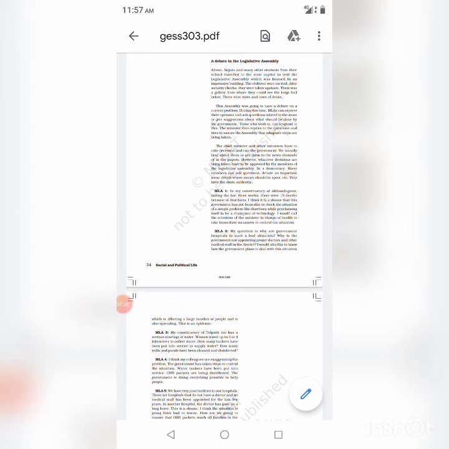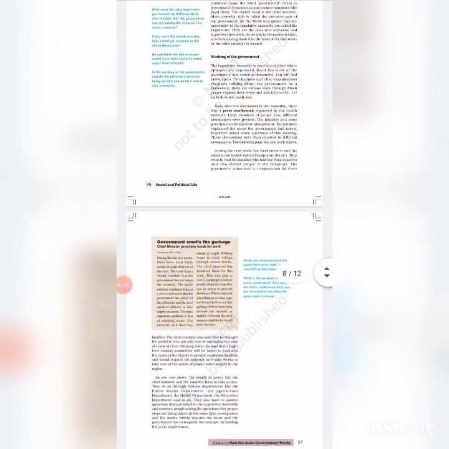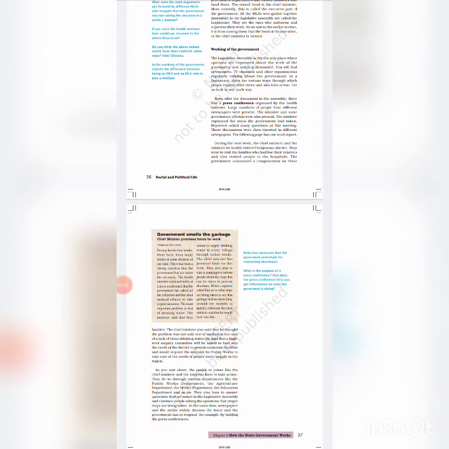Now, the working of government. In a democracy, it is the people who elect their representatives as members of the Legislative Assembly, and thus it is the people who have the main authority. The ruling party members form the government, and some others are appointed as ministers. The people in power, like the Chief Minister and the ministers, take actions.